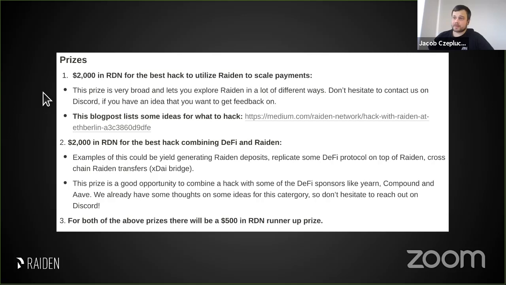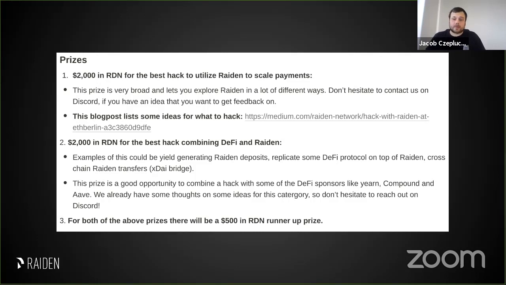Then the second prize is $2,000 in RDN for the best hack that combines DeFi and Raiden. So this could, for instance, be something that replicates a DeFi protocol on top of Raiden, or some cross-chain Raiden transfers like a DAI, xDAI bridge.